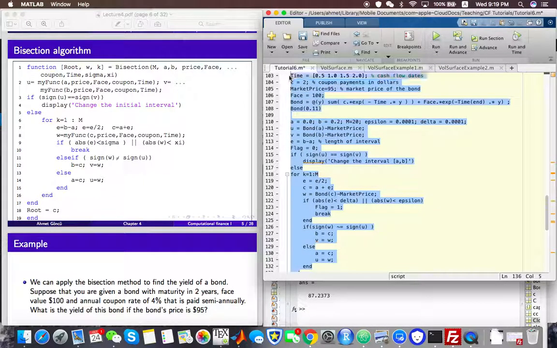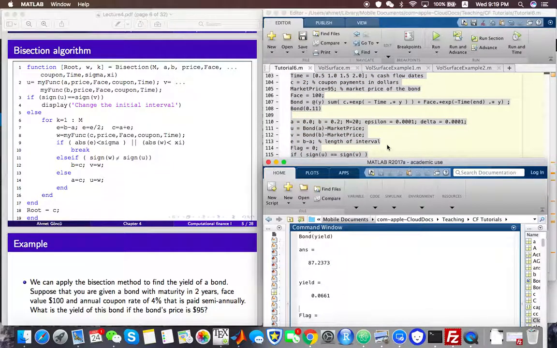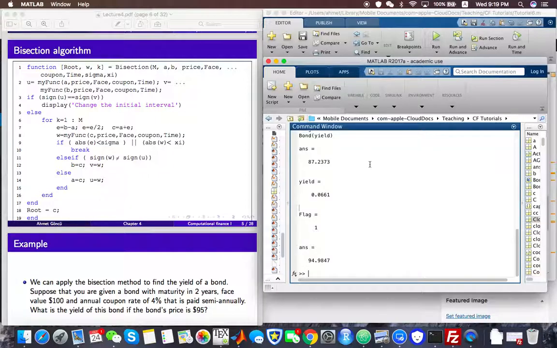Let's run it all, and let's see if we can get the yield of this bond. We can see that we have the flag equal to 1. That shows that our bisection algorithm converges successfully, satisfying one of those stopping criteria. The yield that we got is around 6.6%.